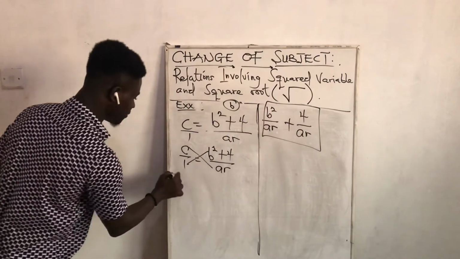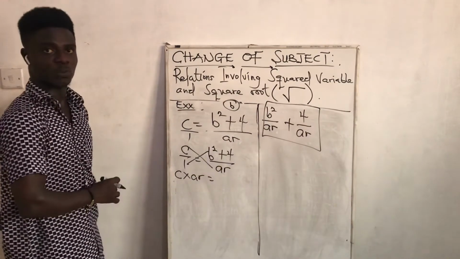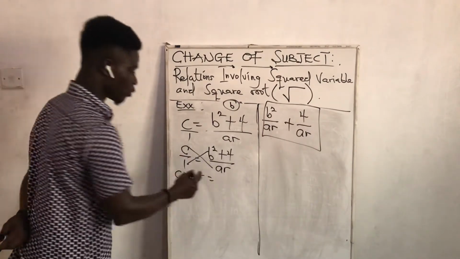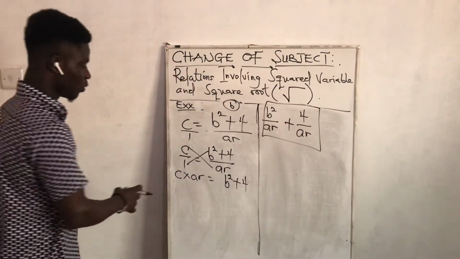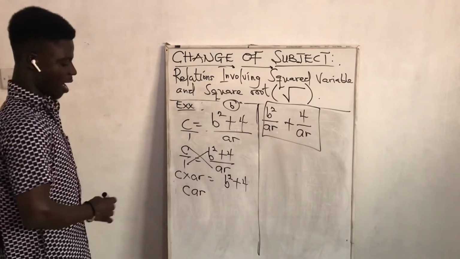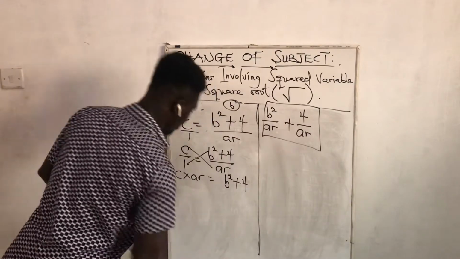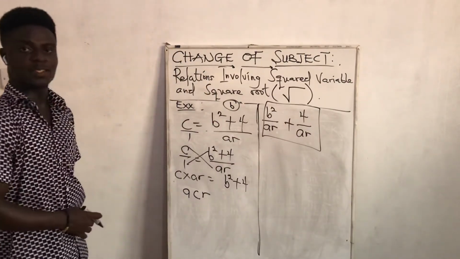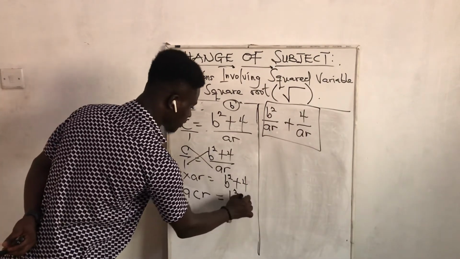C times ar equals 1 multiplying this expression b squared plus 4. It gives us the same result, that's b squared plus 4. Now C times ar gives Car, in alphabetical order, acr, equals b squared plus 4.